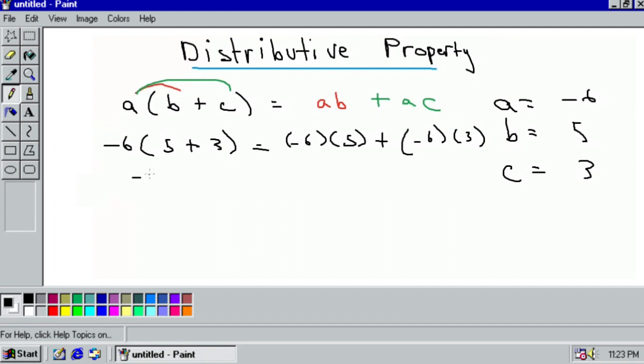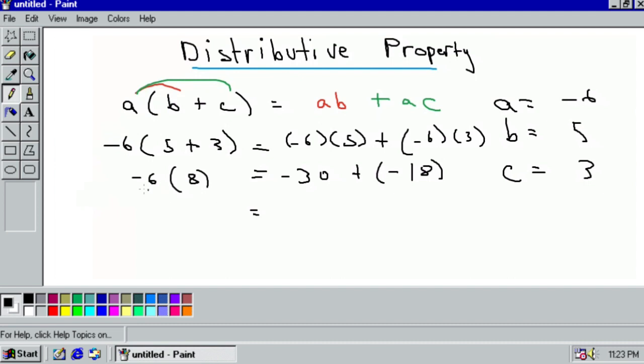So 5 plus 3, we need to do the brackets first. So 5 plus 3 is 8. Negative 6 times 5 is negative 30, plus negative 6 times 3 is negative 18.